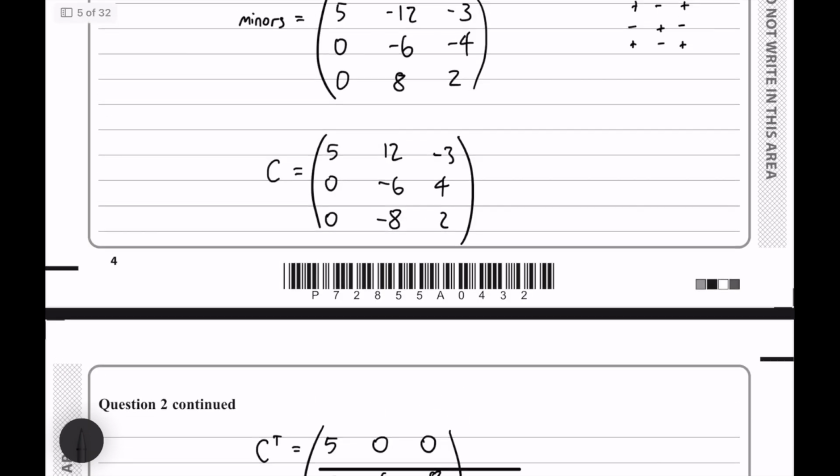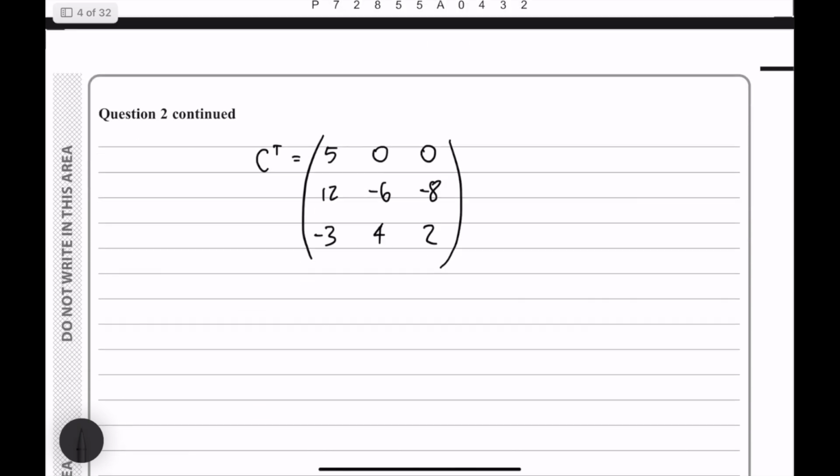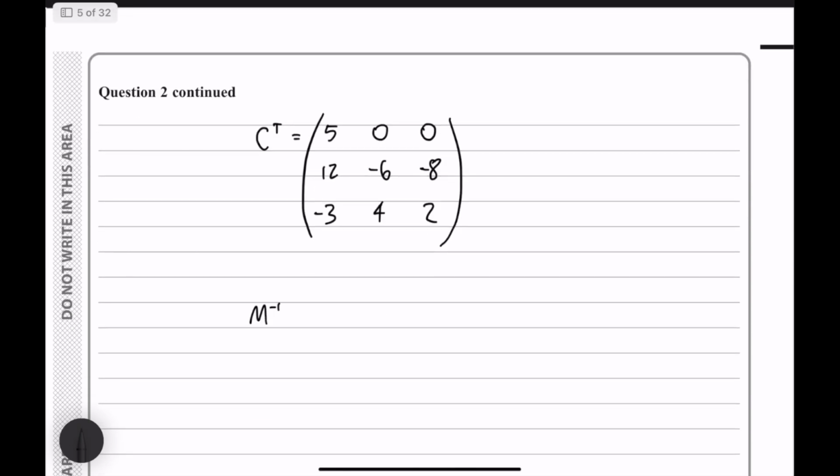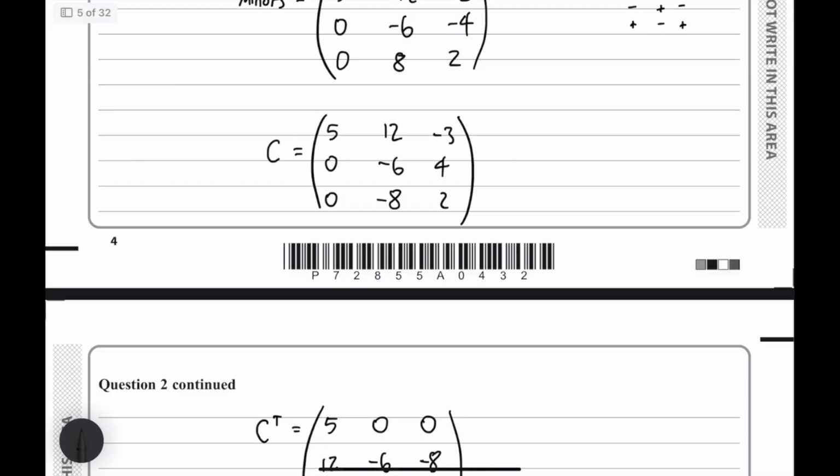Now we put that together with 1 over the determinant, which was 10, and this is our inverse matrix. And they do not all easily divide by 10, so I will not put that in the matrix, I'll just leave it like that. So that's the inverse matrix for M.